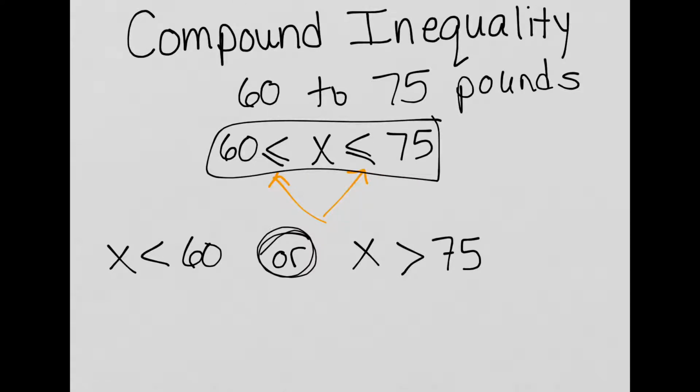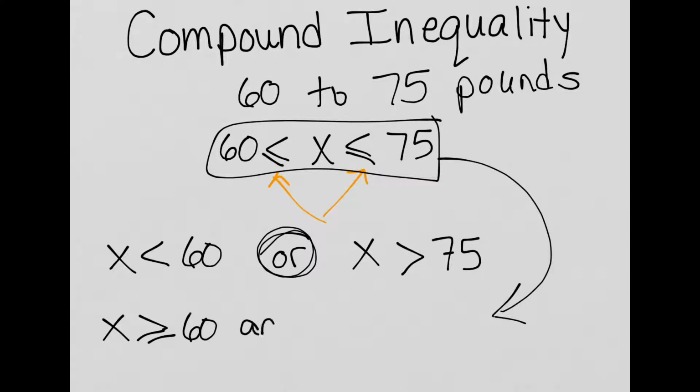Well, inside this compound inequality, it's kind of a shortcut for and. So I'm actually saying in this case that my dog could be greater than or equal to 60 and less than or equal to 75 at the same time, and that would be healthy.